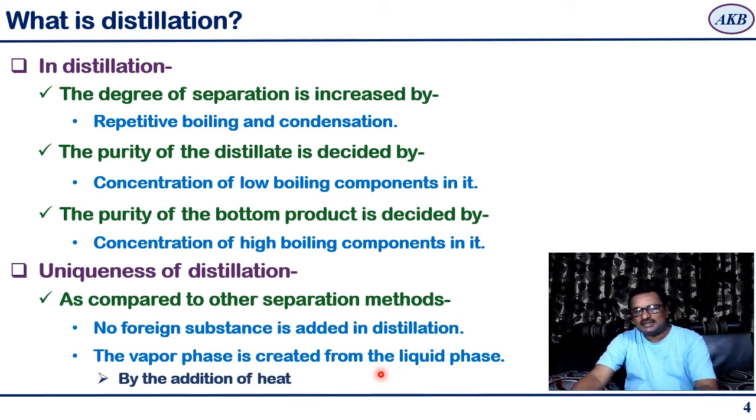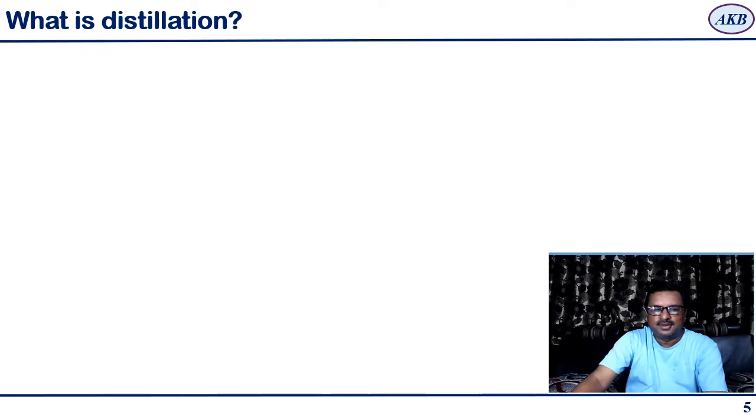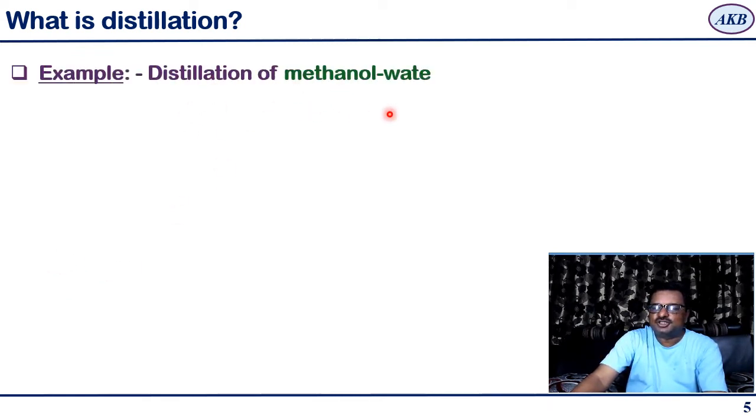Okay, now let us understand it with the help of an example. Let us consider distillation of a methanol water solution. So we are considering a binary liquid solution, which contains two components: one is methanol, the other one is water.